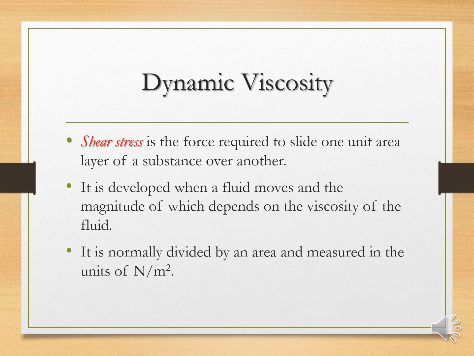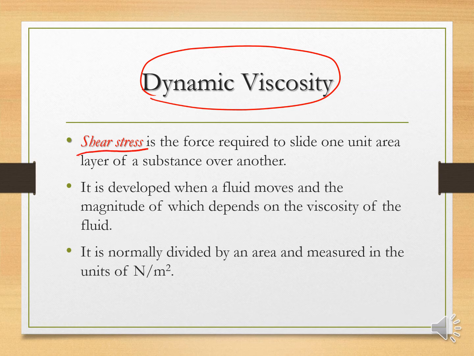Let's understand dynamic viscosity. Before we learn about dynamic viscosity, we have to first know about shear stress, which is defined as the force required to slide one unit area layer of a substance over another.